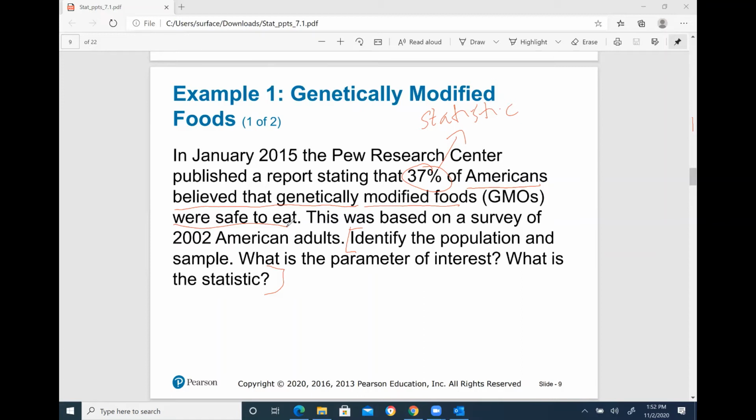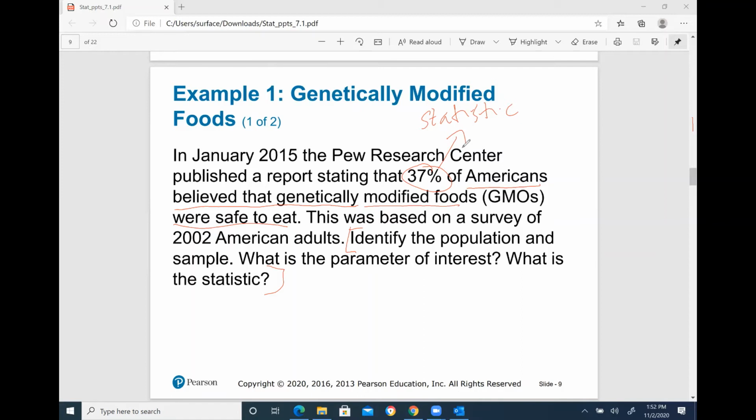A lot of wording, a lot of writing, so I don't want to write it all out. I just want to say that the 37% here we call the statistic of a sample, or the value.